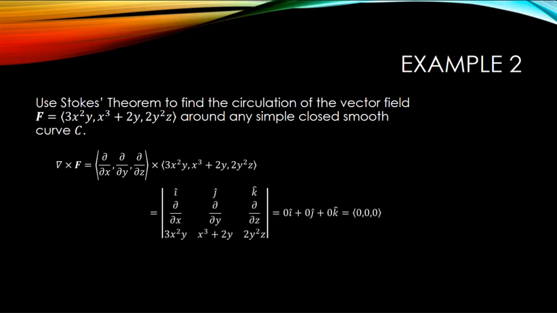I set up the determinant of my 3 by 3 matrix, and I end up with 0 in the i hat direction plus 0 in the j hat direction plus 0 in the k hat direction, or a vector with components 0, 0, 0. Since del cross F is 0, we have a conservative vector field.